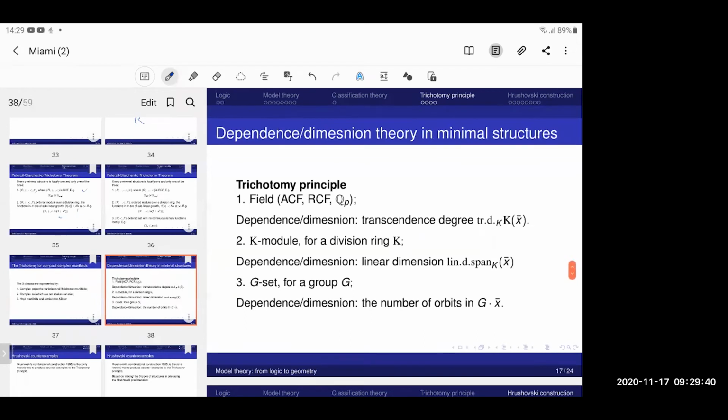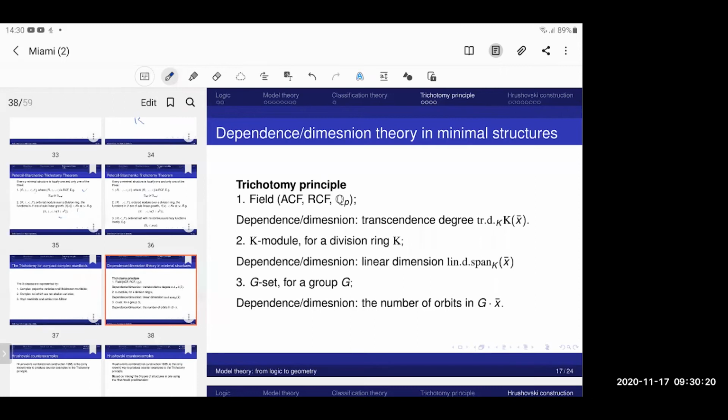So this slide with the trichotomy principle again. Now along with these three classes, I also want you to pay attention to the fact that in each of the classes there is a specific other kind of dimension, not the dimension of variety, but closely related to it, a dimension in the sense of transcendence degree in the first class, right?